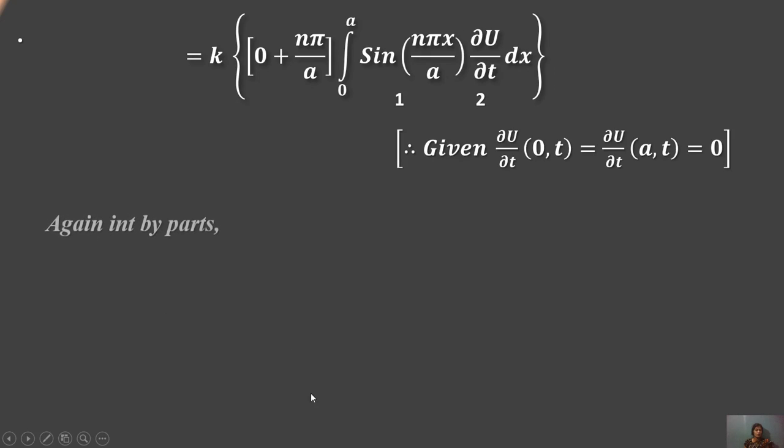Then the value will be put in this form. k is a constant, 0 plus n pi upon a, because the condition given is del u upon del t at x equals 0 equals del u upon del t at x equals a, which equals 0.